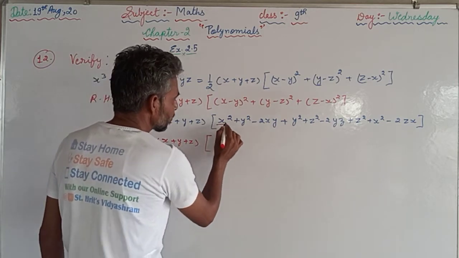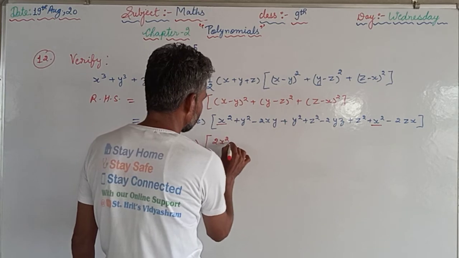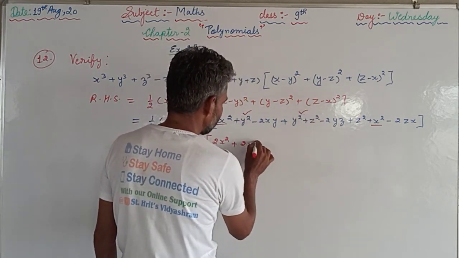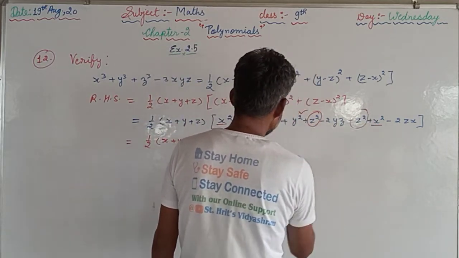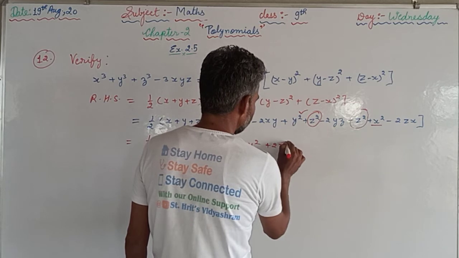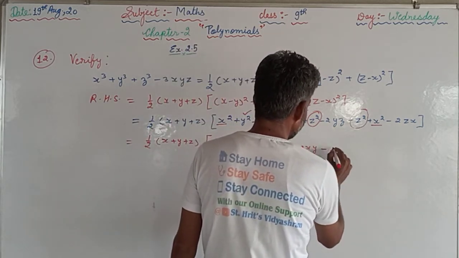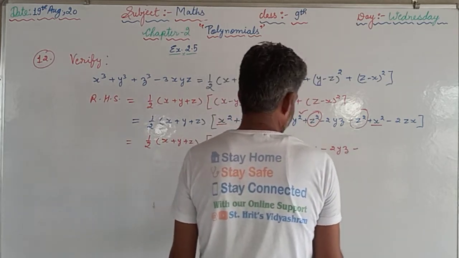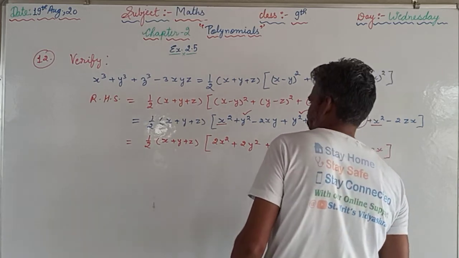Now here x square plus x square is 2x square, y square plus y square is 2y square, and z square plus z square is 2z square, and the remaining is minus 2xy minus 2yz minus 2zx.